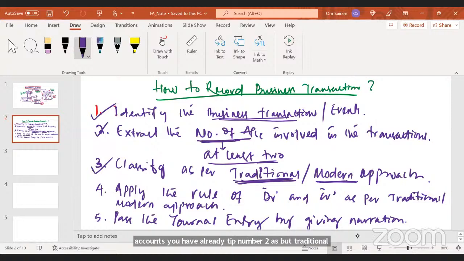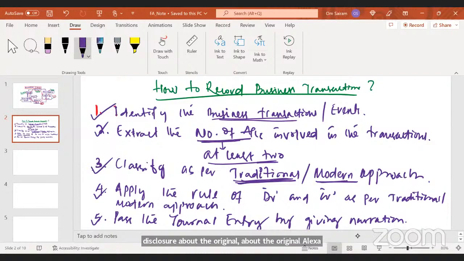After that, you have to apply the rule for debit and credit as per the traditional approach. And finally, you have to pass the journal entry by giving the narration. Giving the narration means you have to provide a brief description about the original transaction.